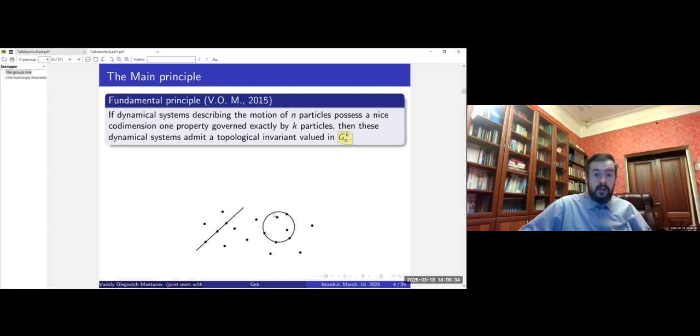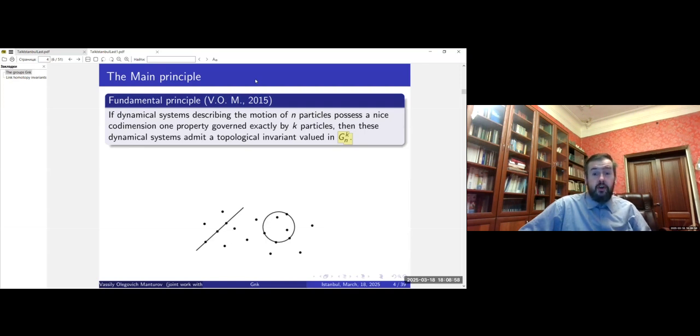And the second nice property is 4 points are on the same circle or line. So you see, these two properties are both of codimension 1. So generically, no 3 points are collinear.